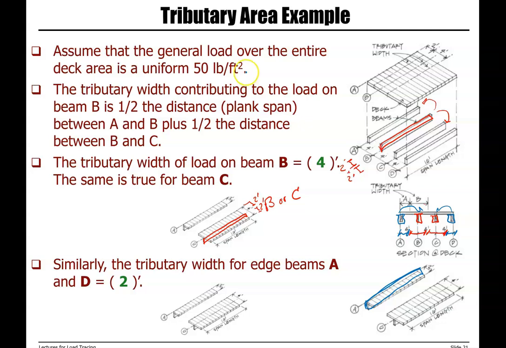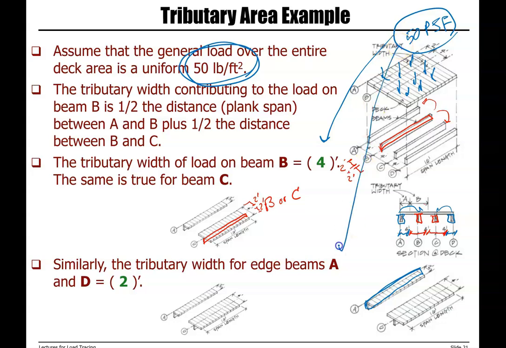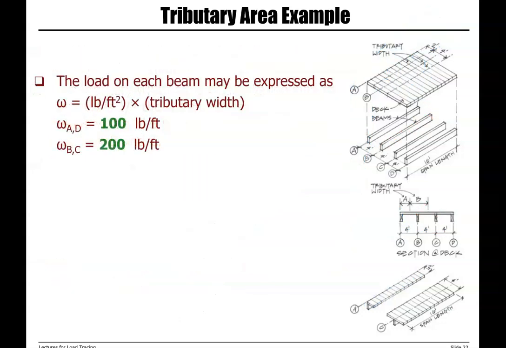We have this area load, 50 PSF, pound per square foot. You need to multiply this number by tributary width to calculate the load transferred to each of these beams.